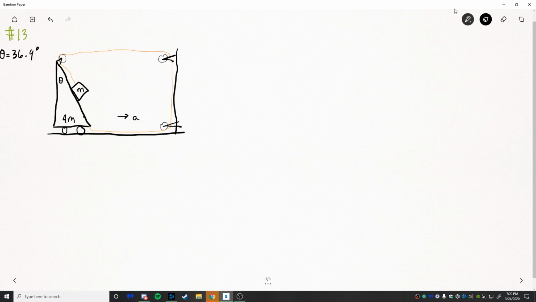Naturally, this mass would go down, and as a result, the cord between here and here gets longer, while the orange cord on the bottom and the orange cord on the top at the same time have to get shorter by exactly the same amount total. But there's two of them, right? So what that means is that this one is going to move down the ramp twice as far as this one moves forwards.